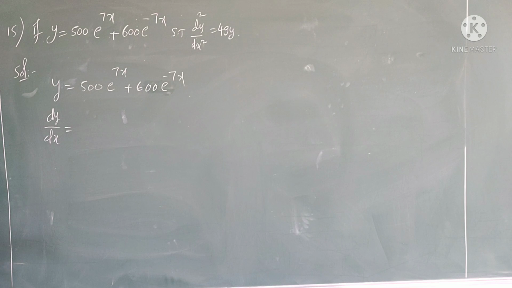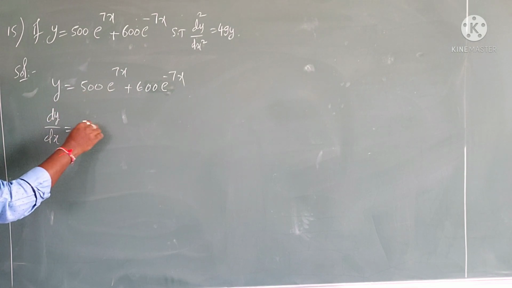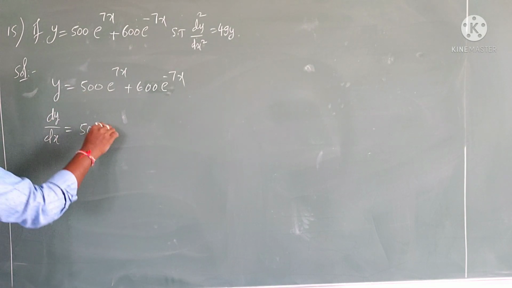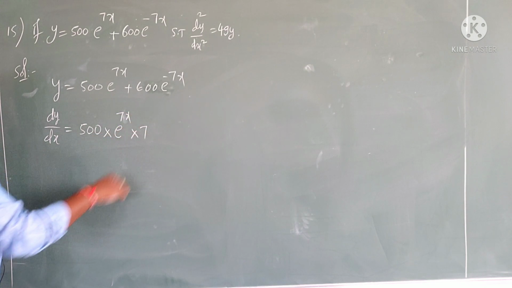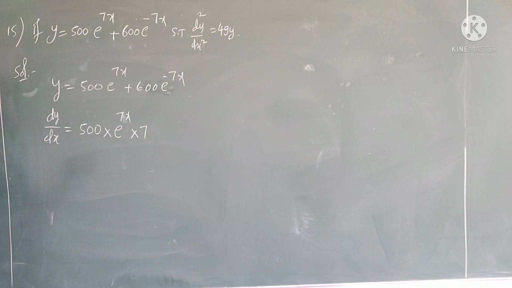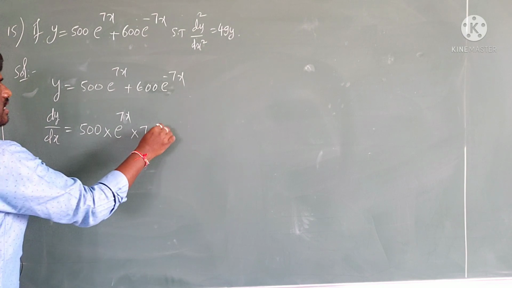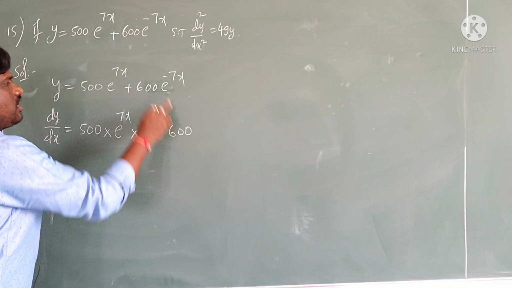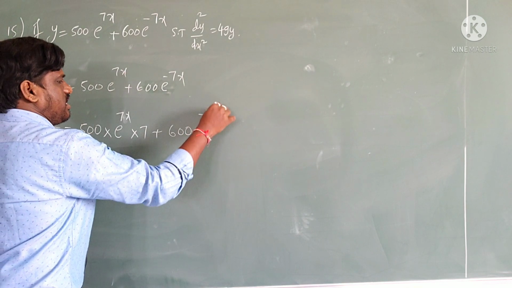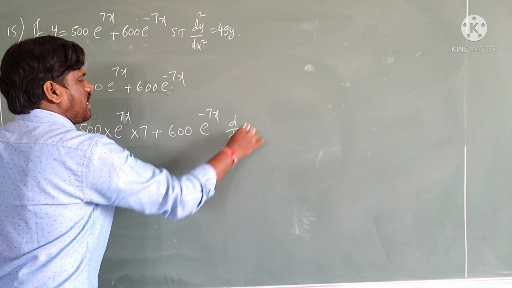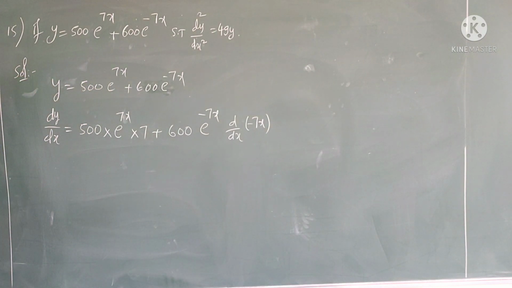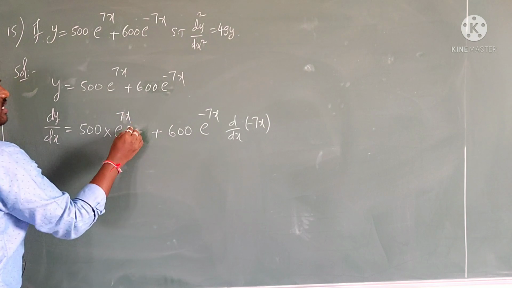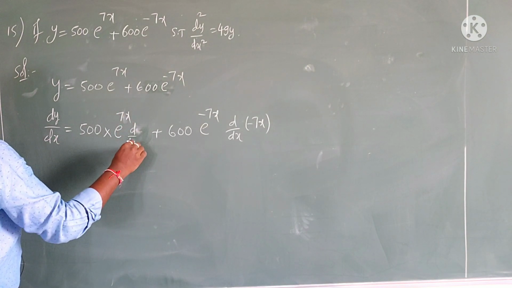What is dy by dx? See, 500 is a constant, keep it as it is. The differentiation of e to the power of 7x is e to the power of 7x into 7, because the differentiation of 7x is 7. Plus 600 into e to the power of minus 7x, into d by dx of minus 7x, which is minus 7. You can write directly also.